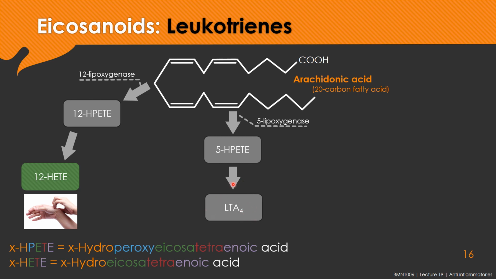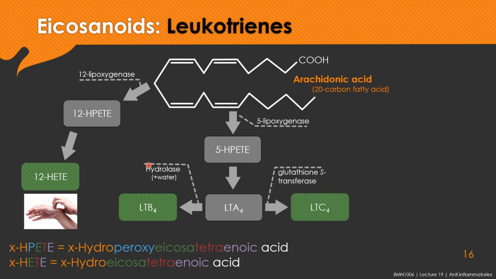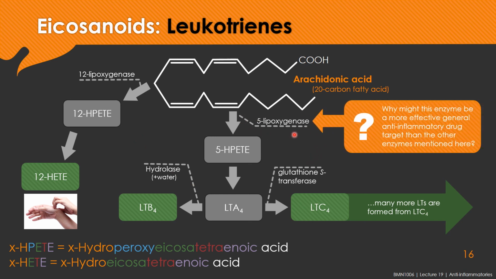So it serves as a precursor molecule to make leukotriene B4 under the action of the enzyme hydrolase. Well, with another enzyme, glutathione S-transferase, you can make another type of leukotriene, which is LTC4, and it is also a precursor to many other types of leukotrienes. So from here, it's very obvious that by inhibiting 5-lipoxygenase, we can block the production of many leukotrienes, which explains why it is a preferred pathway in the making of drugs.